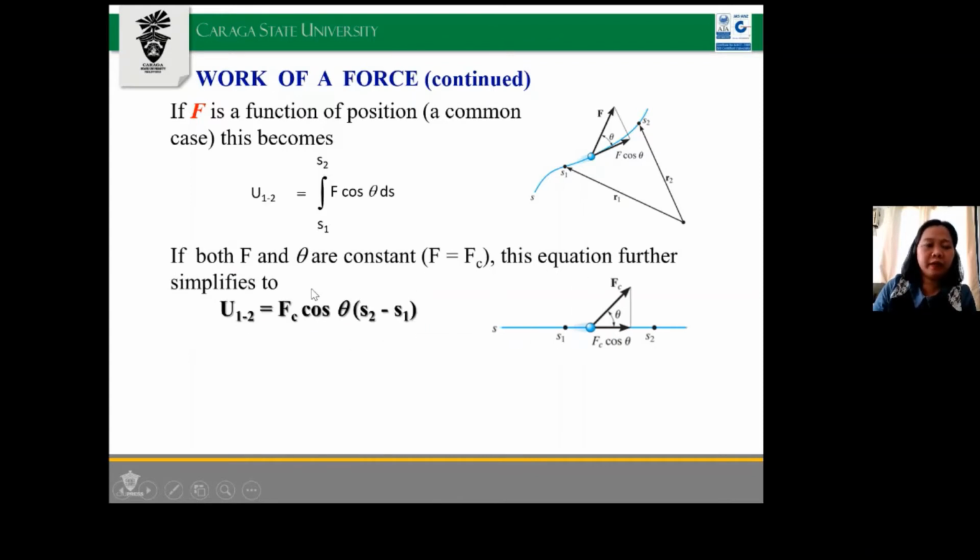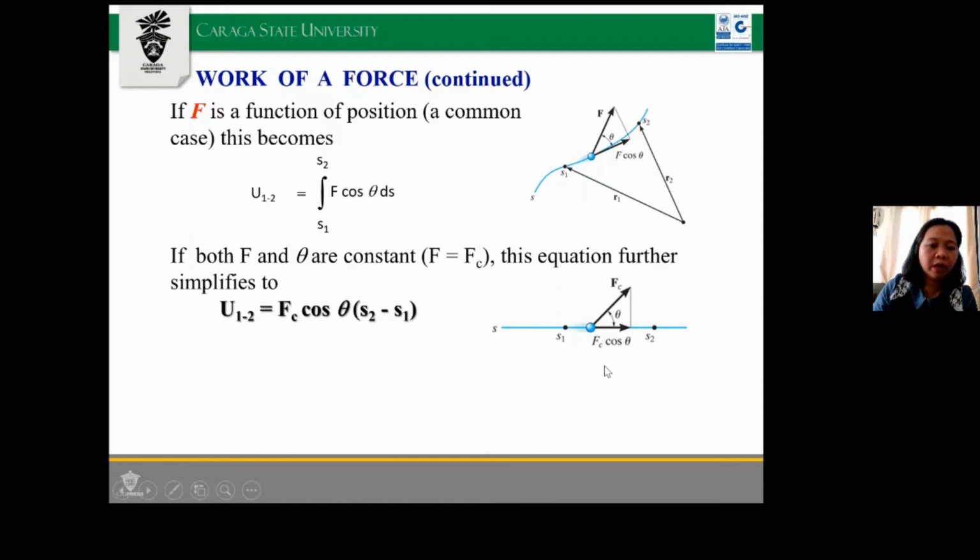If it is a straight line, it is much easier to remember: the work done from 1 to 2 is equal to the force applied, F cosine theta, times (S2 minus S1).